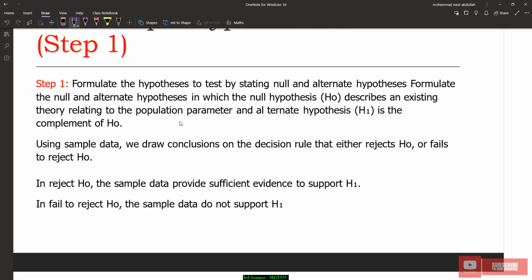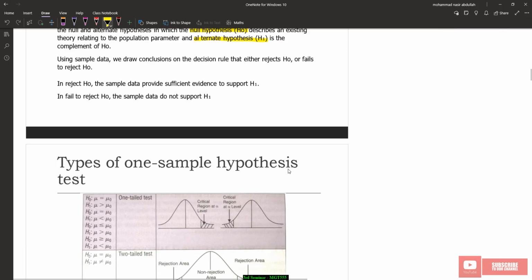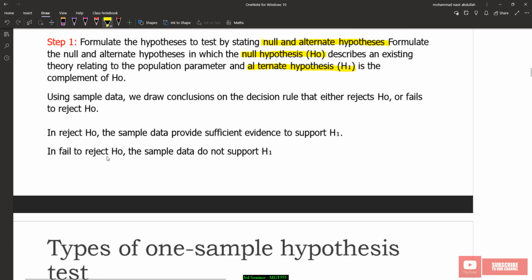To formulate the hypothesis test is by stating the null and alternate hypothesis, right? So we need to state what is the null hypothesis and alternate hypothesis. So let me make a simple conclusion here.